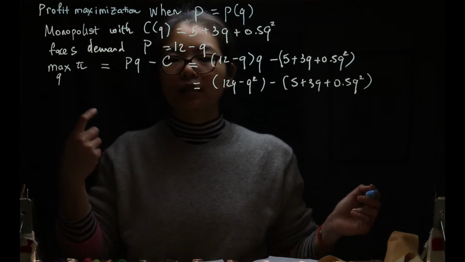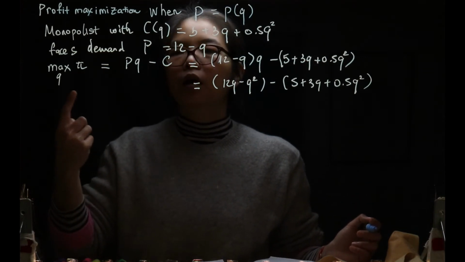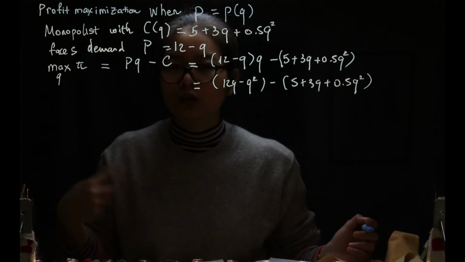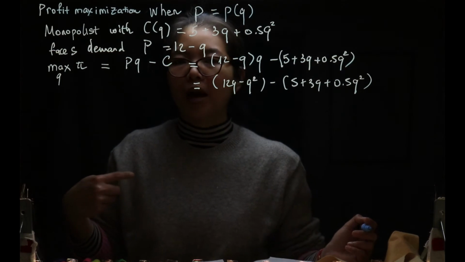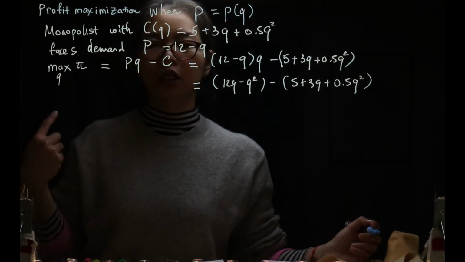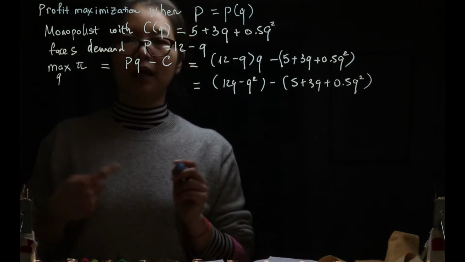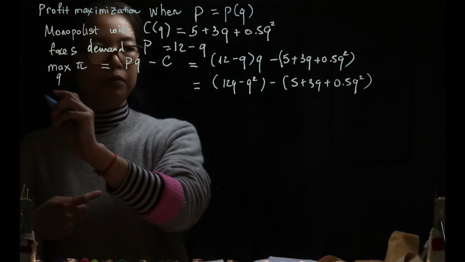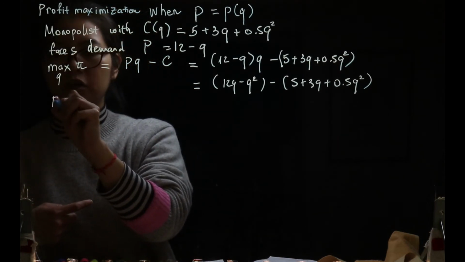So that is the decision problem here: to choose a proper compromise between these two problems so that the profit is maximized. Which level of output should it choose to produce or to sell, and how would that affect the price? Alright? Let's set the first order condition.